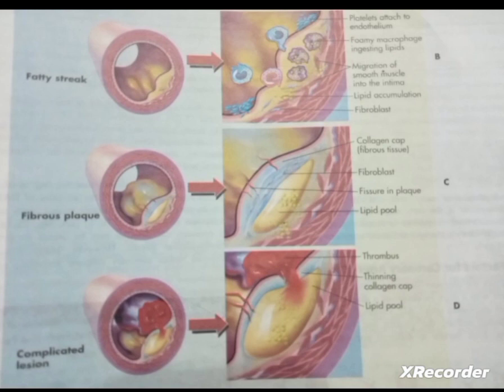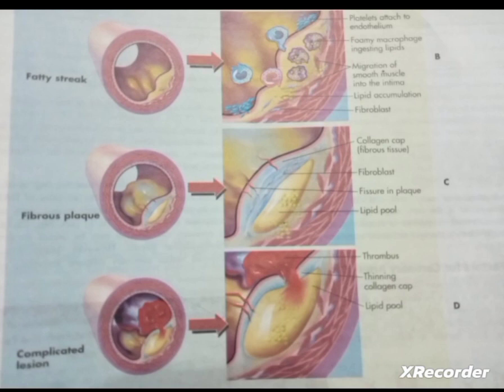Usually the color of this fibrous plaque will be whitish or grayish, and rough and jagged, irregular edges will be present in fibrous plaque.